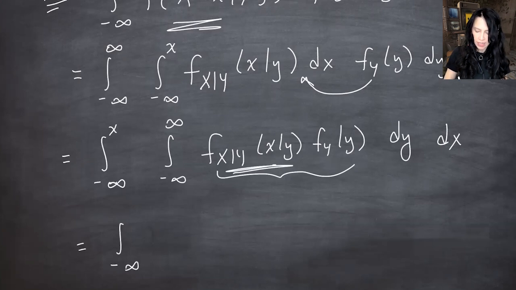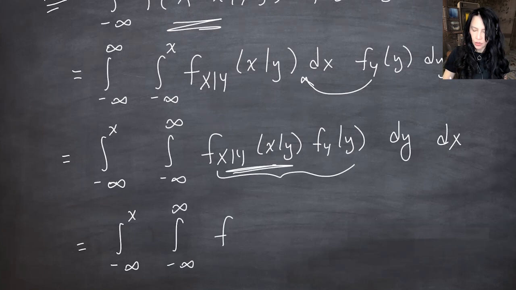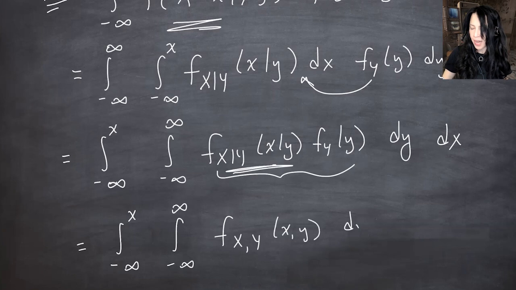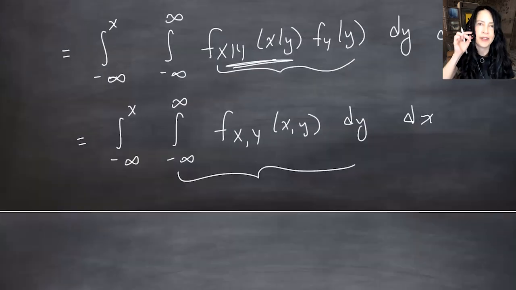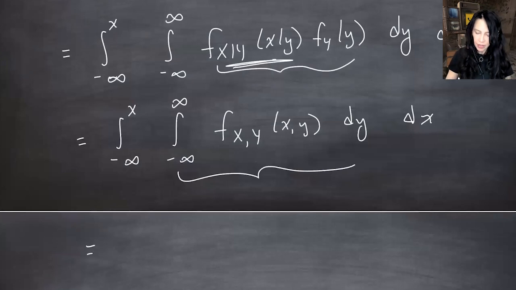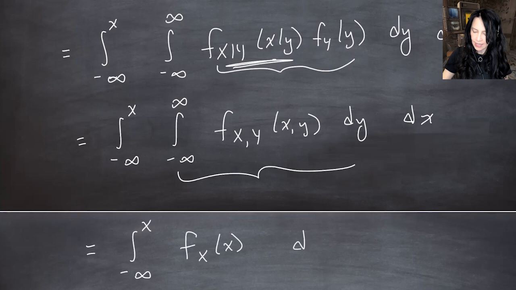So minus infinity to x, minus infinity to infinity, the joint PDF for X and Y, integrated with respect to y and then with respect to x. But this inner integral is integrating the y out of the joint PDF. So this is minus infinity to x of the marginal for X, and then the dx is still sitting out there.